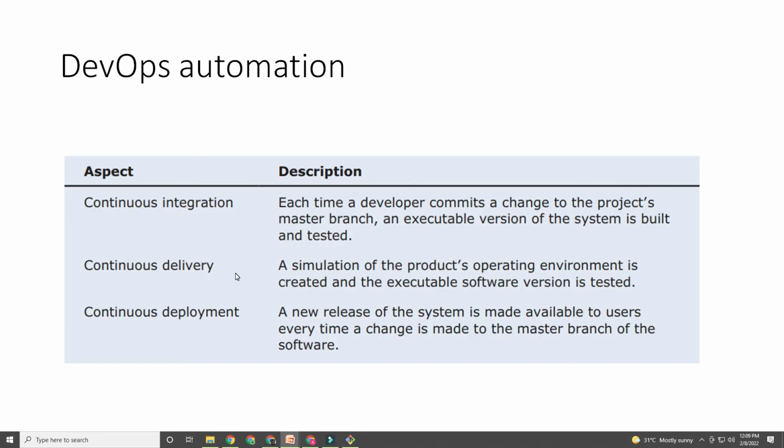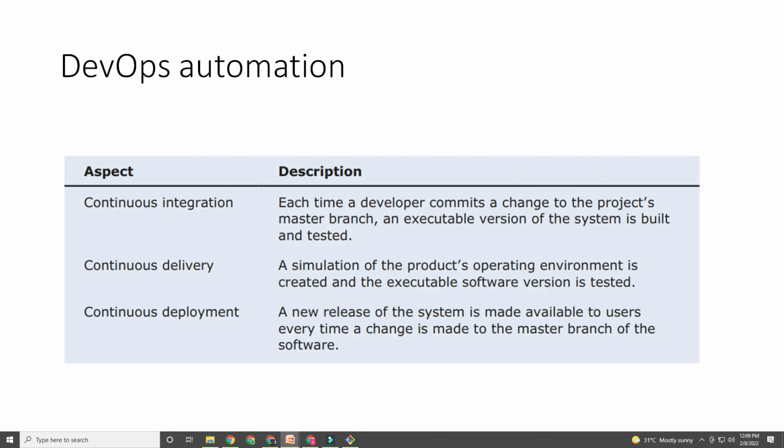What is continuous delivery? A simulation of the product's operating environment is created and the executable software version is tested. So whenever there is a change, the same thing happens: versioning of your software and testing of the versioned software. That is continuous delivery. Continuous deployment means a new release of the system is made available to the users every time a change is made to the master branch. Users means your clients.